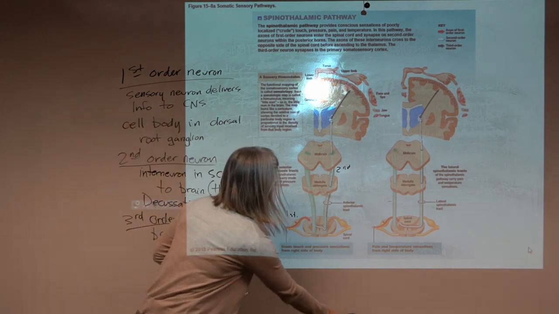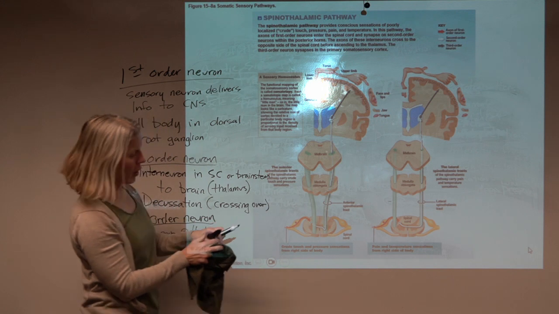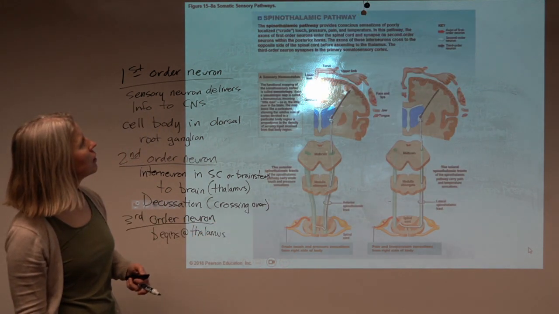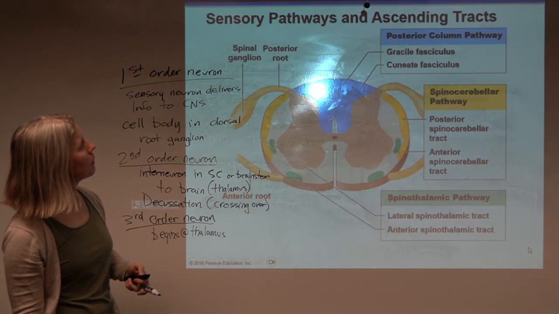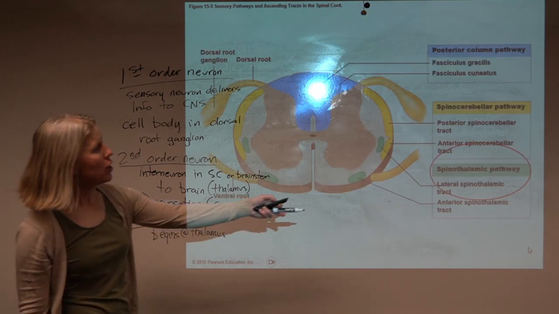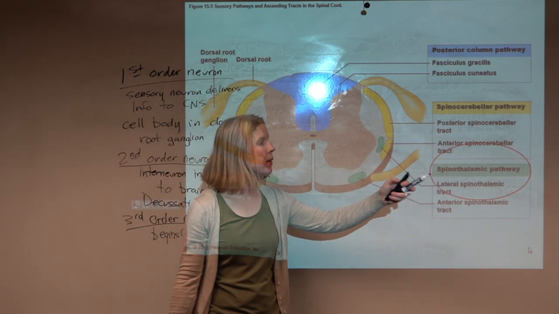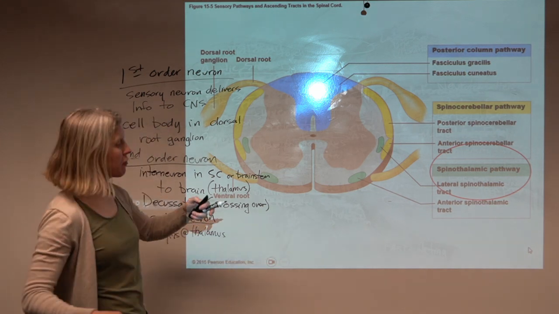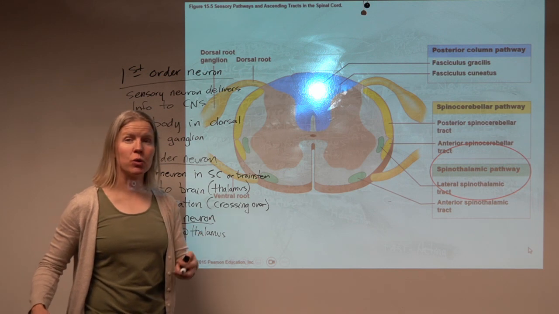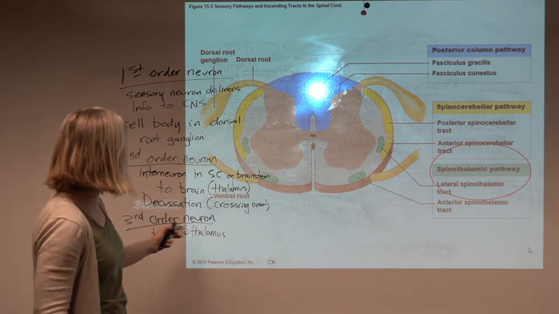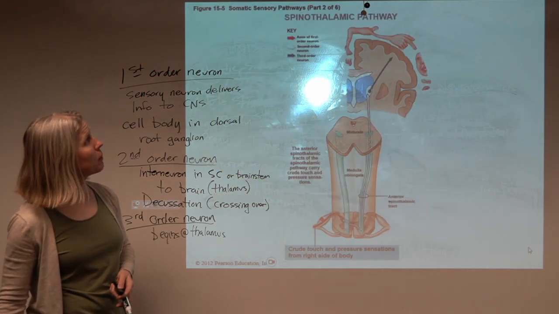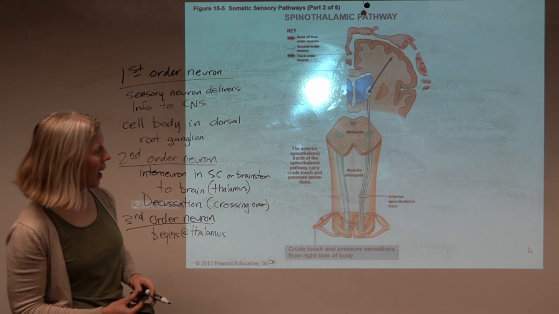Now the one that I'm drawing on here, this is a picture showing you the spinothalamic pathway. Okay, so that spinothalamic pathway, right, again, carrying sensory information up, it's obviously going to the thalamus, so this is going to be the information that will eventually head out to the cortex, right?